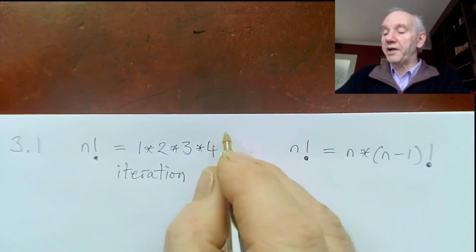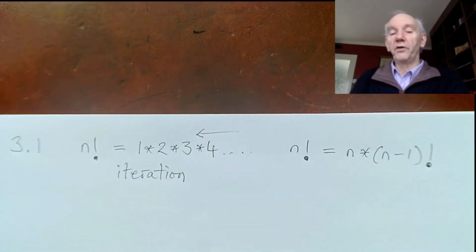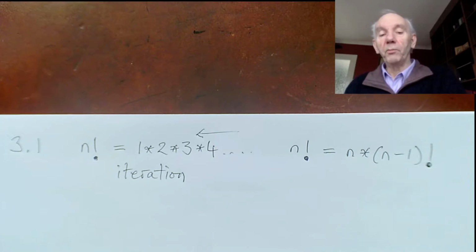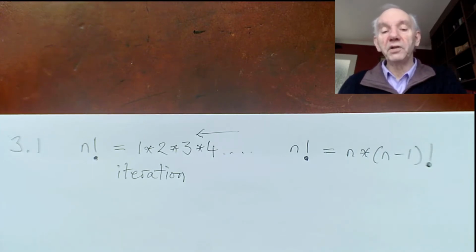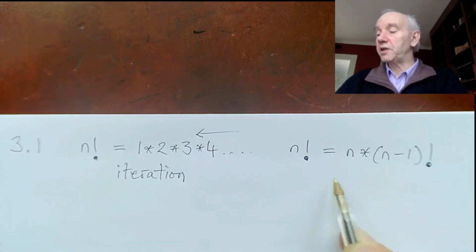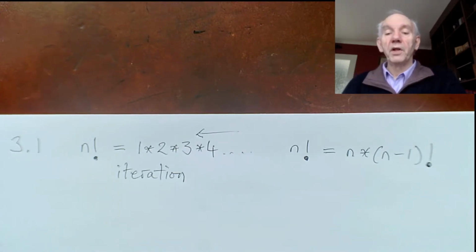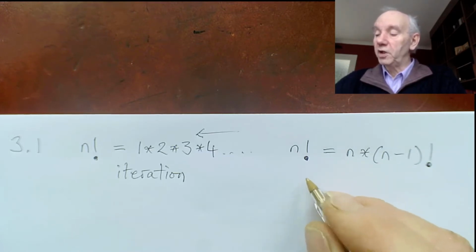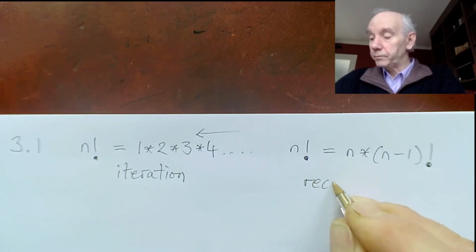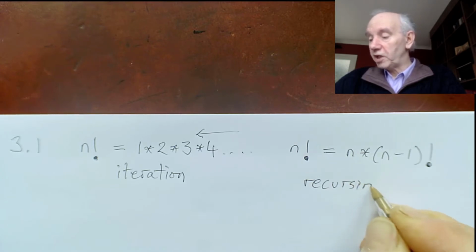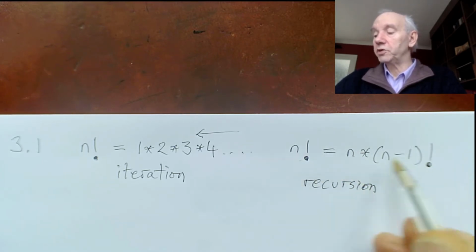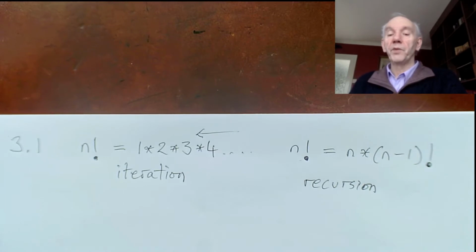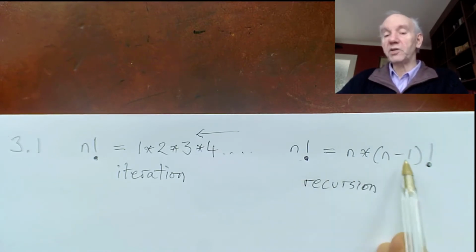Here I was multiplying on from the right higher and higher numbers, successive integers. This time I'm in a sense working backwards, and this would be computing factorials by recursion, related to the recurrence relation for factorials. a_n, if you like, is n times a_{n-1}.